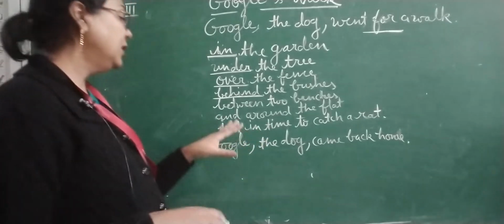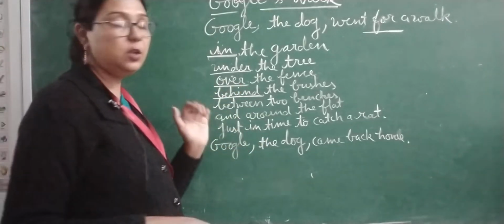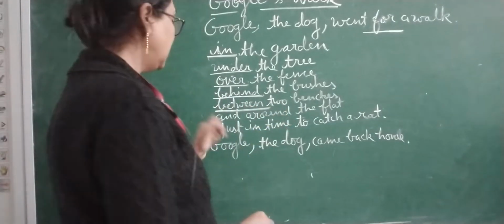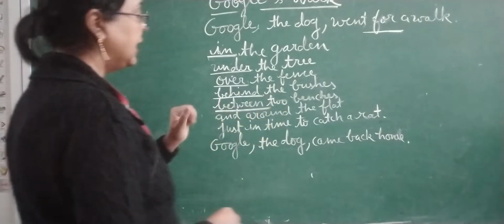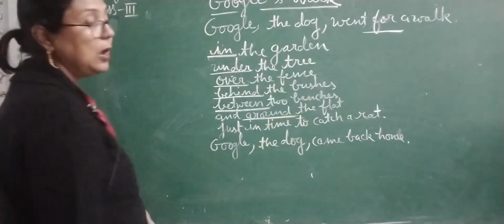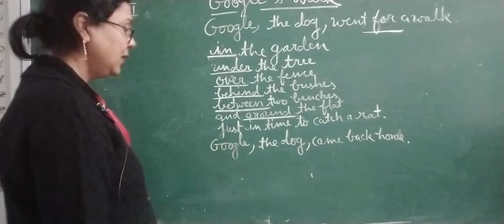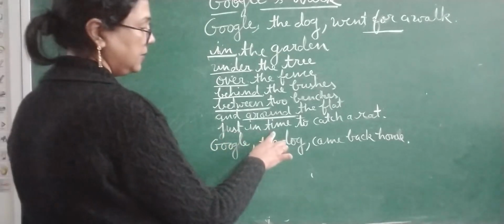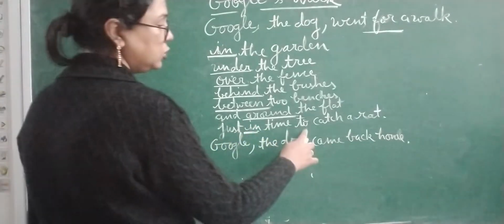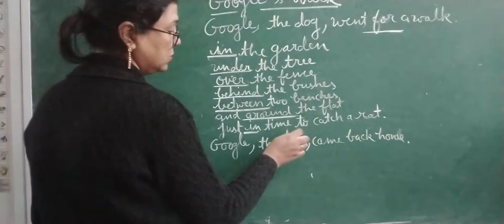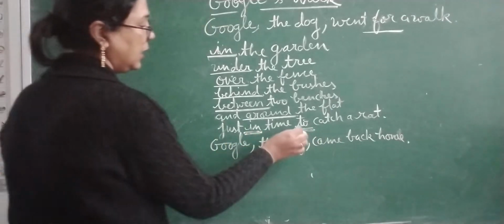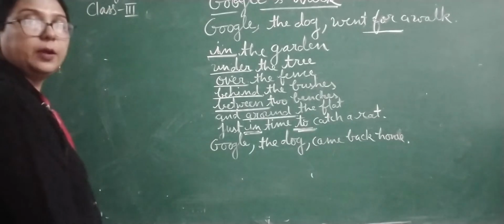So here between two benches, between is the preposition. Now around the flat. So here around the flat. Now just in time to catch a rat. In and to. Okay children.